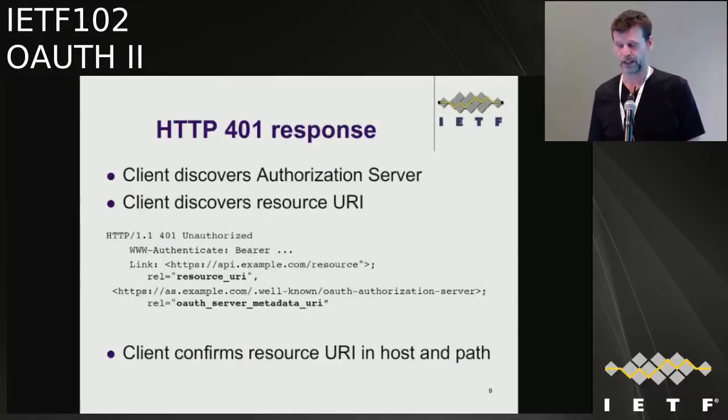So in the current draft, you call the resource, and that is how the whole flow kicks off. In the response, you get two additional things in a link header. One is the identifier of the resource, and the other is where to go to get information about the authorization server, to go and call the authorization server.